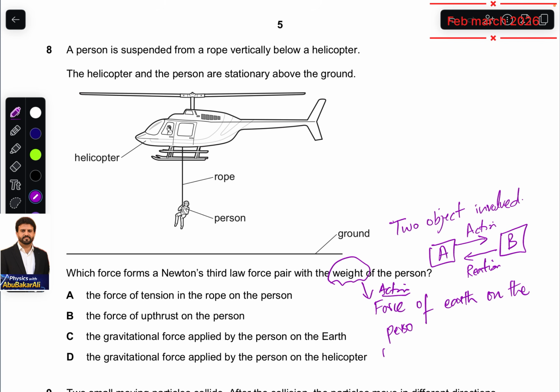So what is the reaction? Reaction should be force of gravity on Earth by the person, that will be the reaction. So okay, it's C, the gravitational force applied by the person on the Earth.